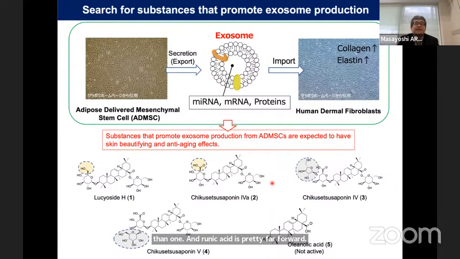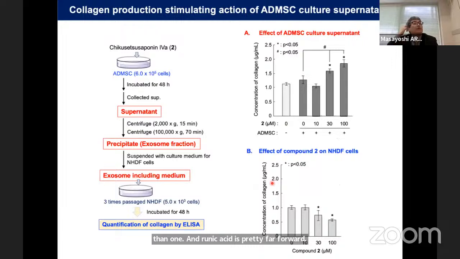And indeed, we have found that the culture supernatant of ADMSC treated with this saponin enhanced collagen production in fibroblast cells compared to untreated culture supernatant. So we are currently conducting research on this compound in collaboration with a company to develop it as a cosmetic.